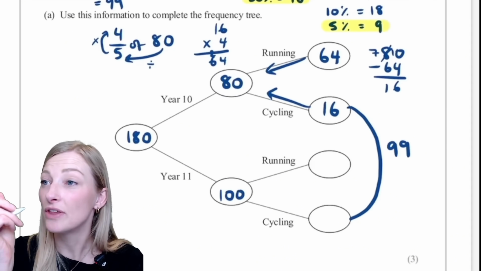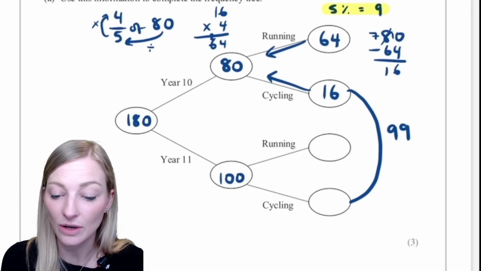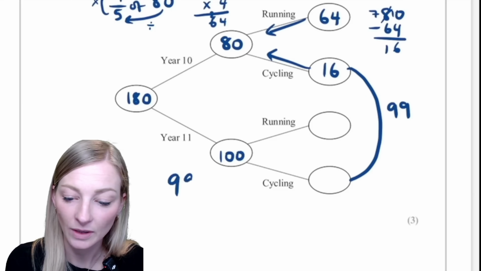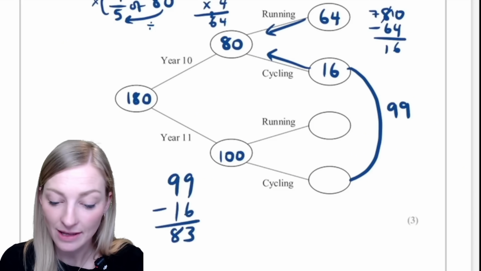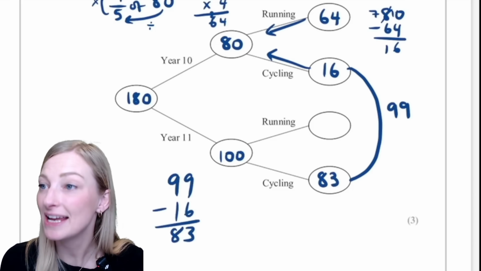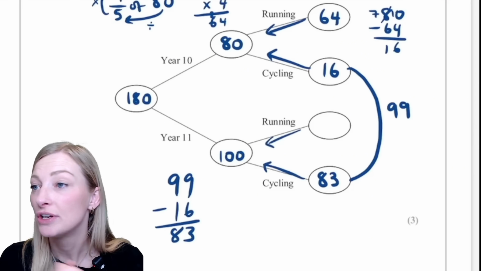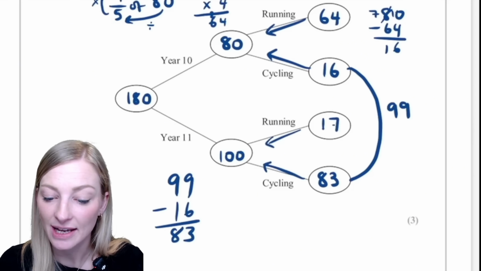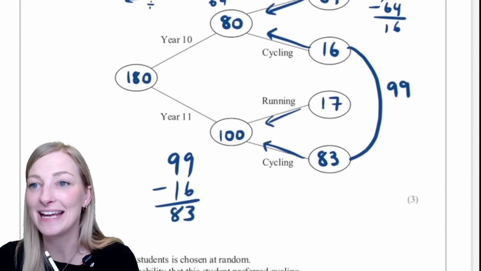Now we know that the cycling circles need to make 99. So let's now do 99 take away 16, which is 83. That one must be 83. And then again, we know that these two need to add to make 100. So that's going to be 17 in that one there. And that is our frequency tree fully complete.